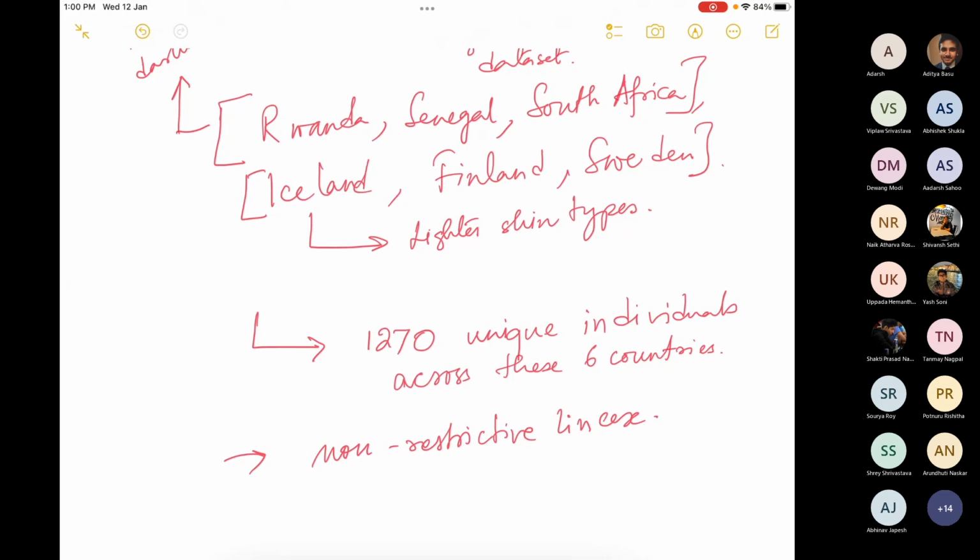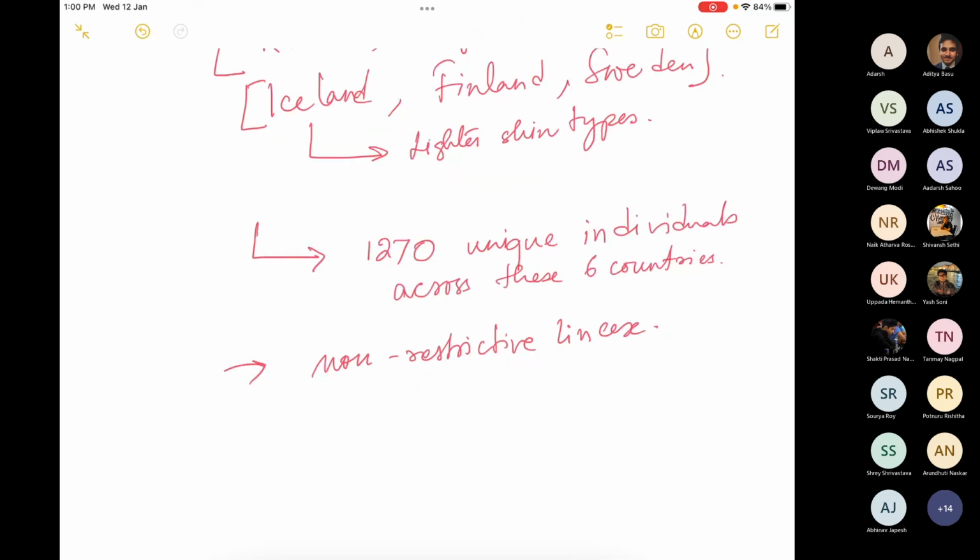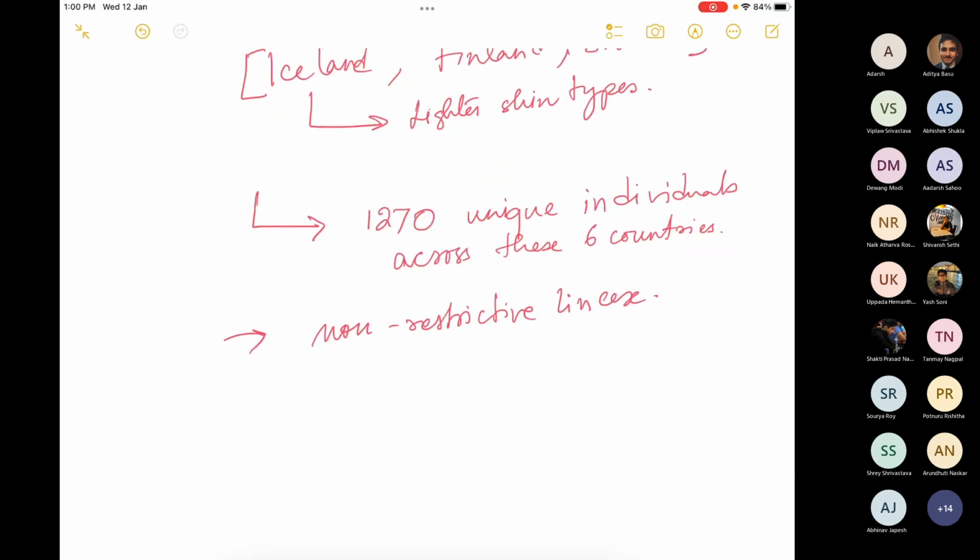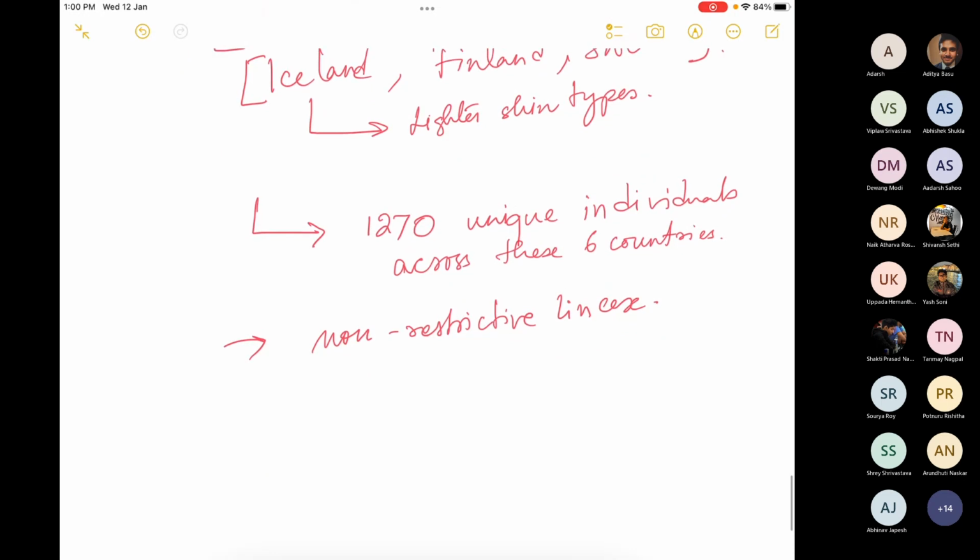Now, the second question is why these 6 countries? These 6 countries were chosen based on their highest gender parity. So the ratio of males to females is best in these countries.